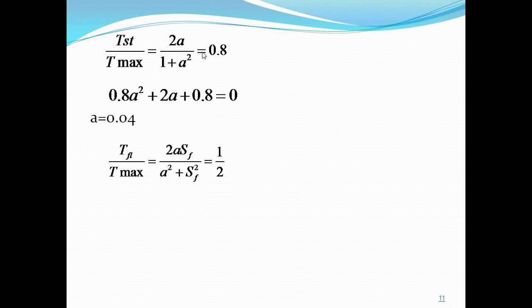From this we can get two values of a. One value is a is equal to 0.04. This is the lowest value, and the other is a high value, which is neglected. So we take a is equal to 0.04.